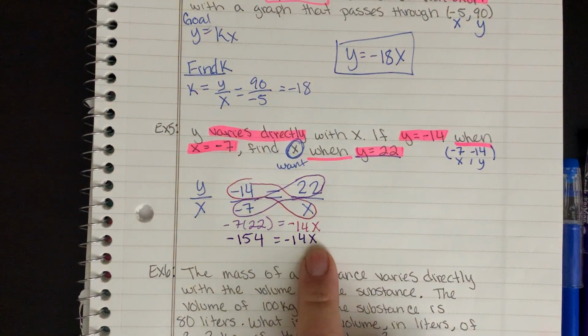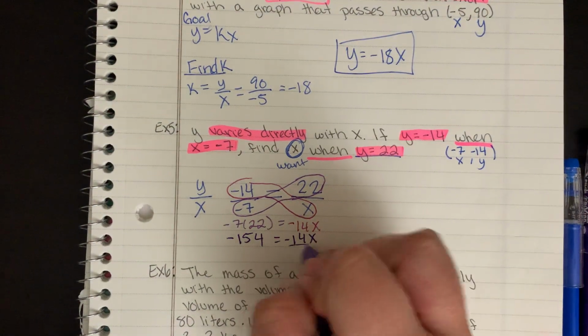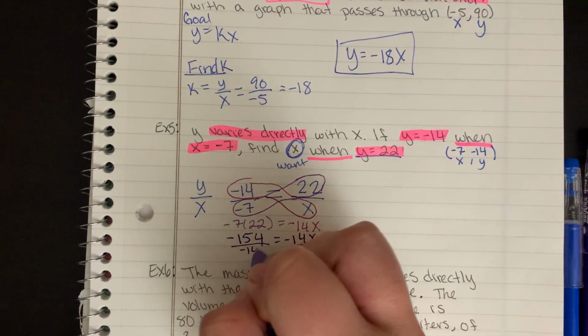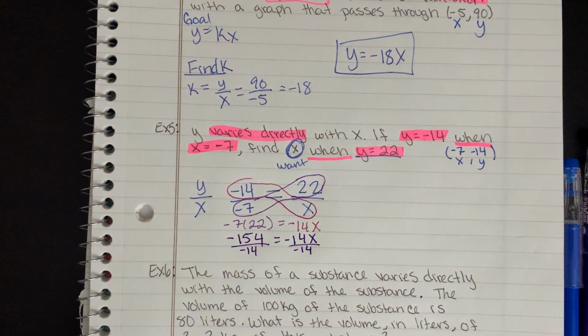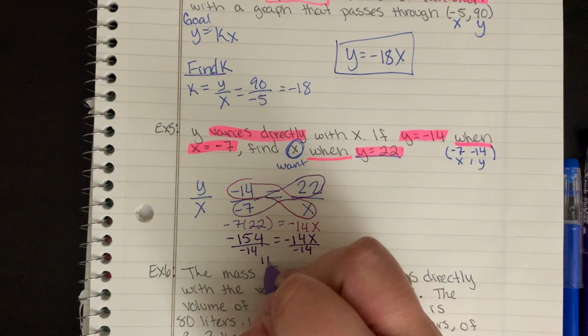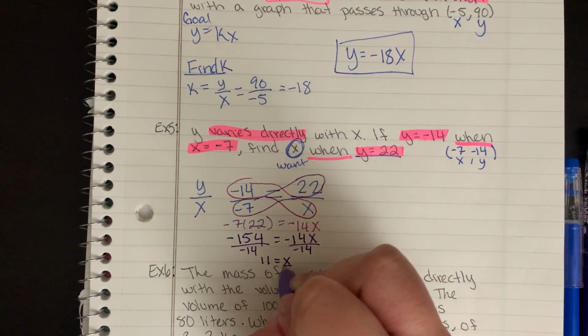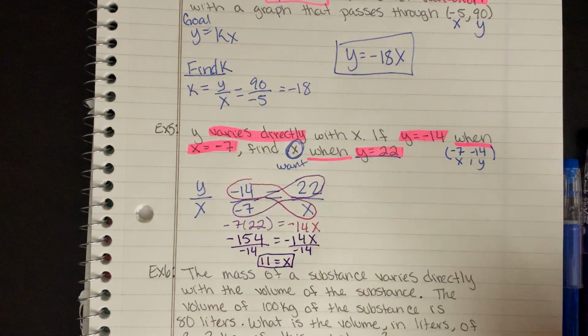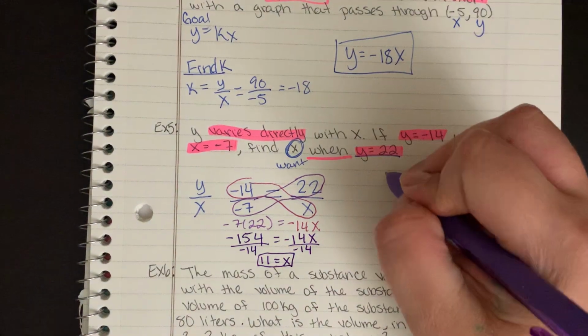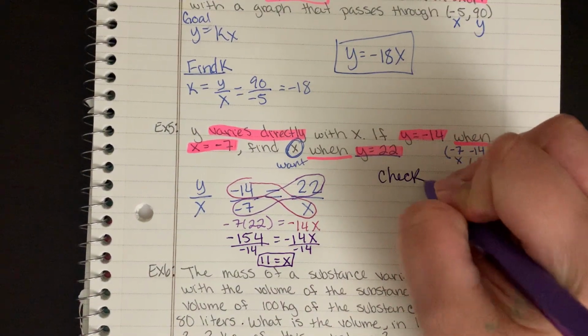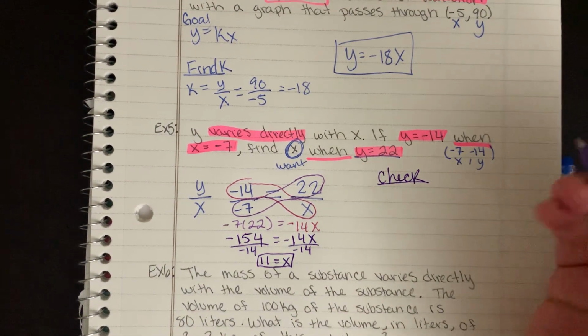So we want to isolate the variable. We would just divide both sides by negative 14. Negative 154 divided by negative 14 gives us a positive 11. So our x is positive 11. How could I check my work? Well, remember, if they vary directly, then they have to be proportional.